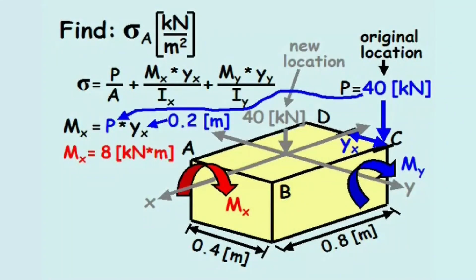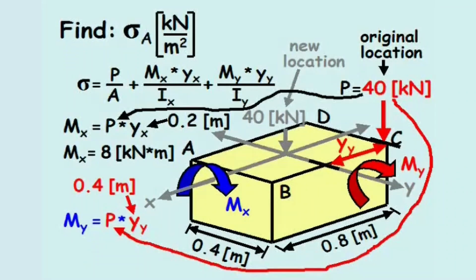The equivalent moment about the y-axis caused by point load P is calculated the same way, except the distance is between the point load and the y-axis, which we'll call y sub y. Multiplying out 40 kilonewtons and 0.4 meters gives us a value of 16 kilonewton meters.